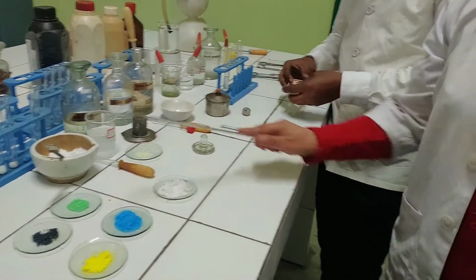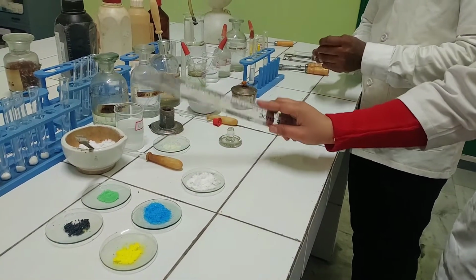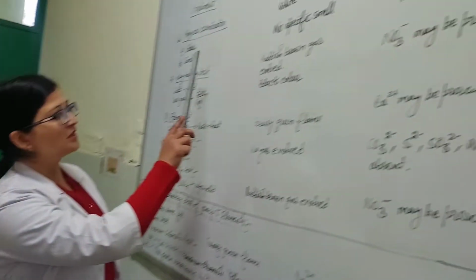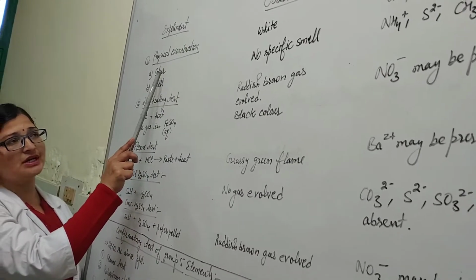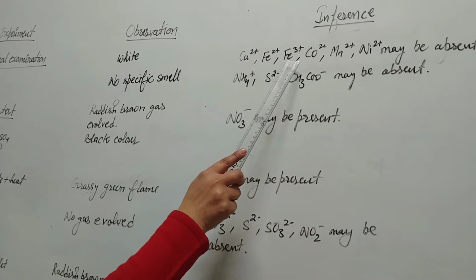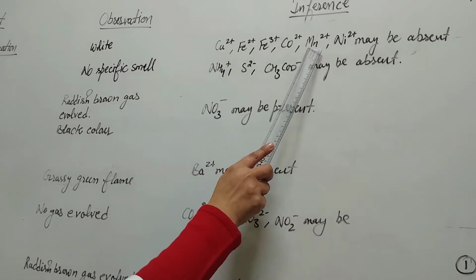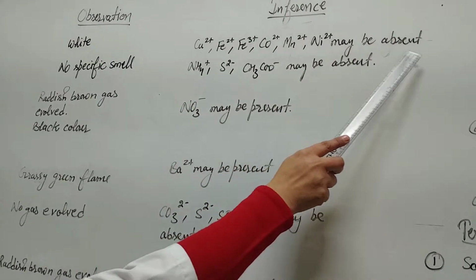Now see, this is the salt which will be provided to you. When the color is white, copper, iron (ferrous, ferric), cobalt, manganese, nickel may be absent.